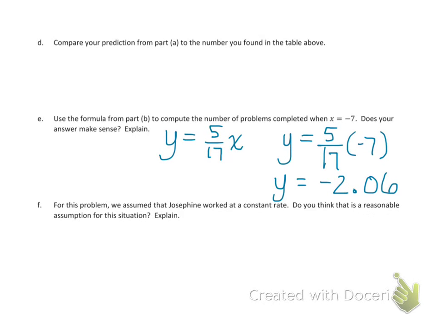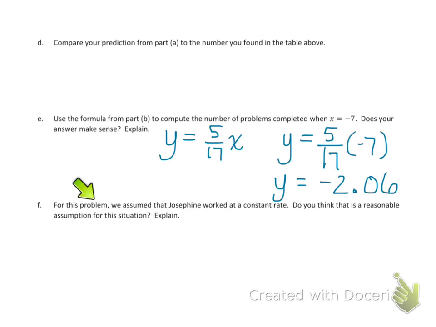So the input doesn't make sense, and a negative output, getting -2 problems done, doesn't have any meaning in the context of the function that we wrote. So anyway, a negative output doesn't make sense and a negative input doesn't make sense here.